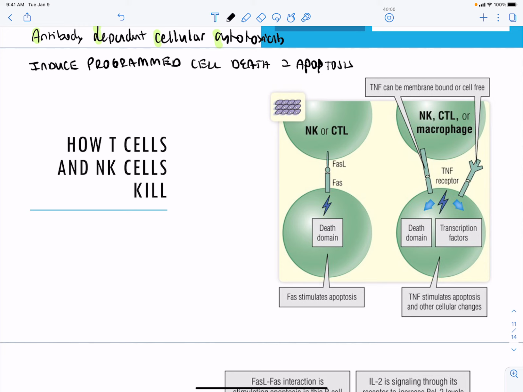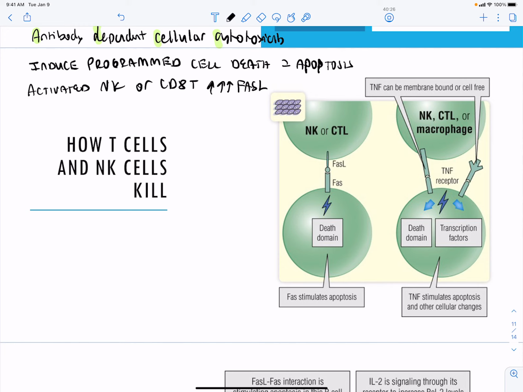So keep in mind, an activated NK cell or CD8 T cell increases Fas ligand, and Fas ligand is one of those ligands that can trigger a death signal.